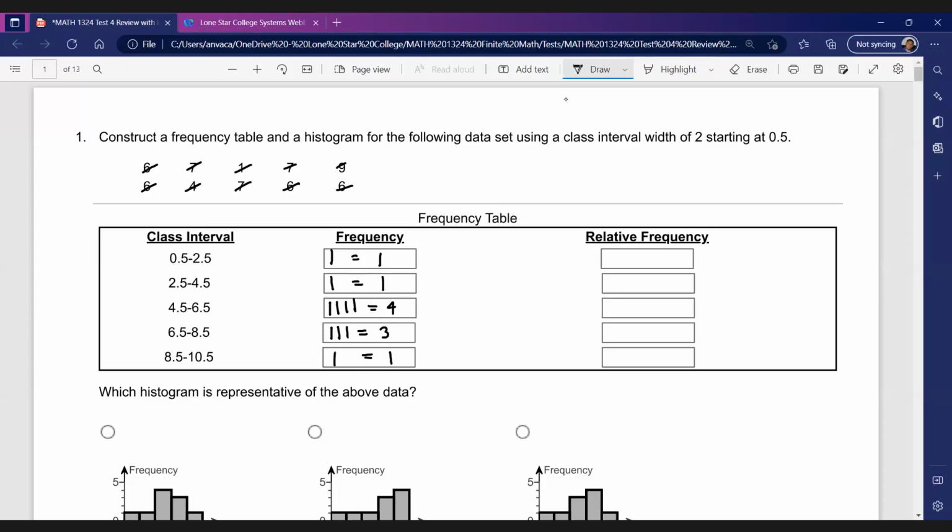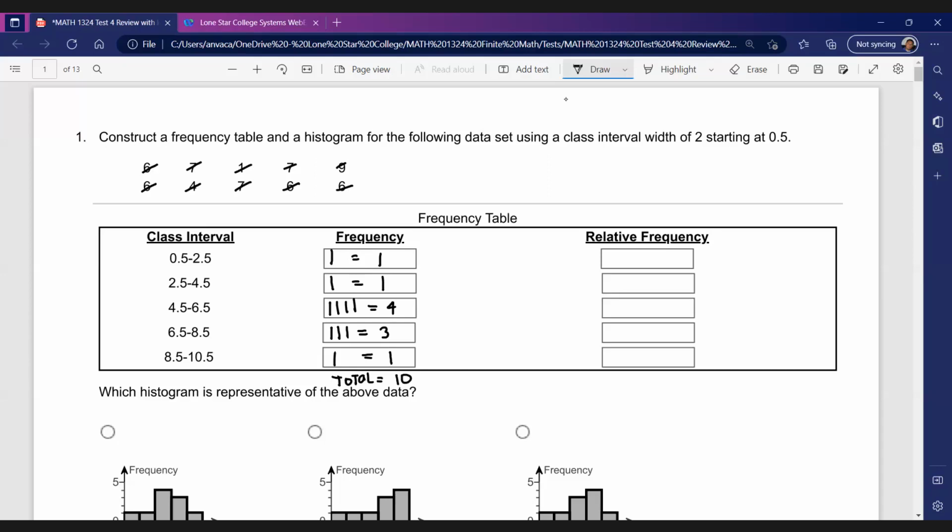In total, let's double check: 1, 2, 3, 4, 5, 6, 7. We got 10 in total.